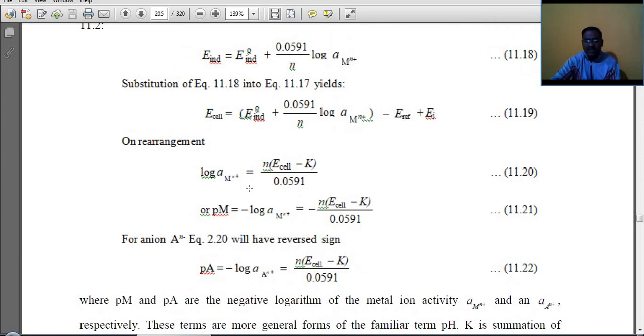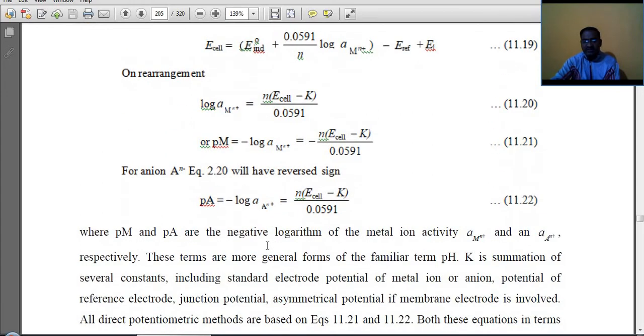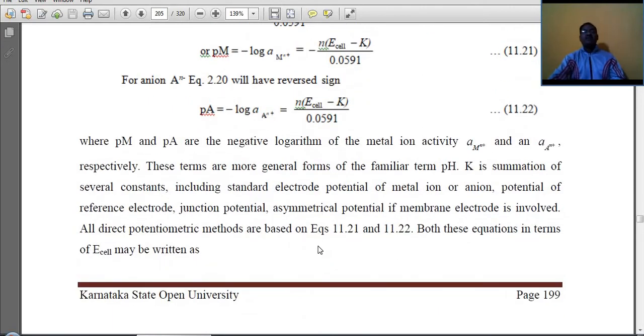On the overall rearrangement, we finally get pA is equal to minus log a M n plus, is equal to n into E cell minus K, by 0.0591. Where pM and pA are the negative logarithms of the metal ion activity, a M n plus and a n plus respectively.